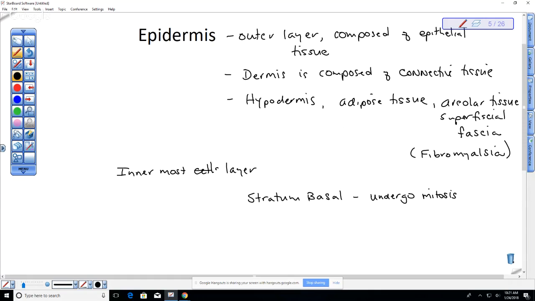Going from innermost to outermost, we next have the stratum spinosum. Spinosum, that's spelled SP, refers to the fact that under the microscope these cells look spiny. The reason they look spiny is that they have desmosomes connecting the cells to one another.